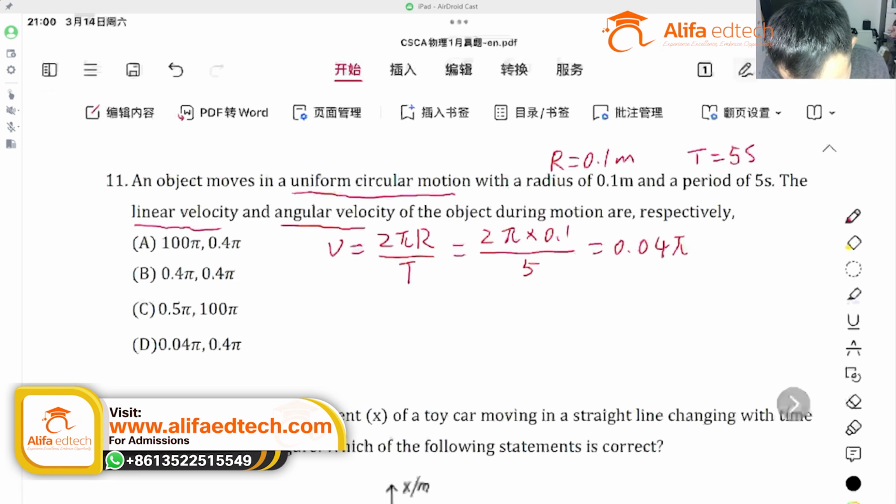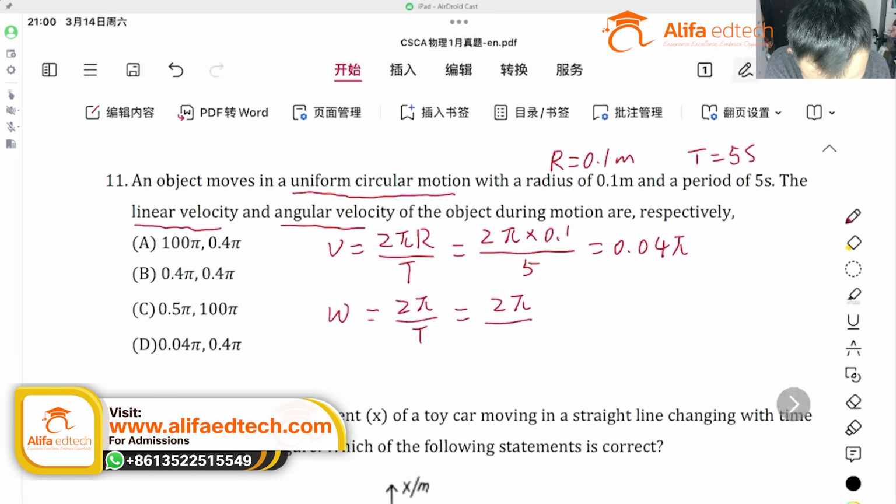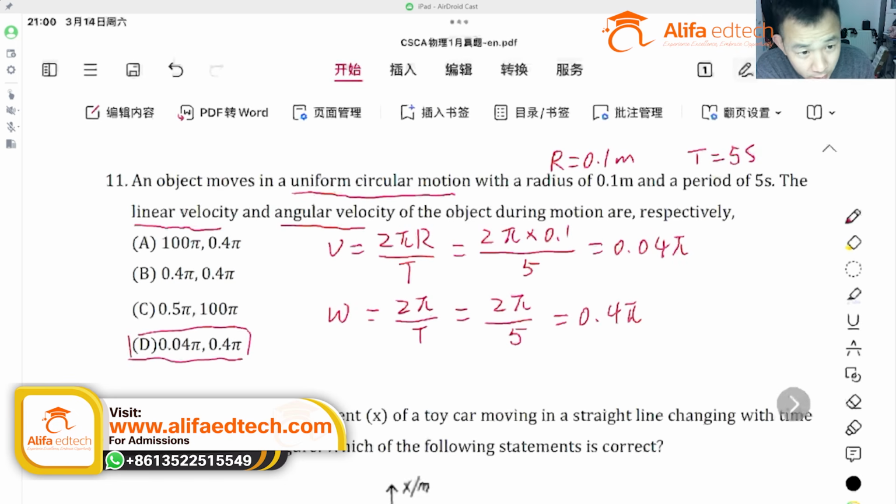And the angular velocity omega is 2 pi divided by T, so it is 2 pi divided by 5. It is 0.4 pi. So the correct answer is D.